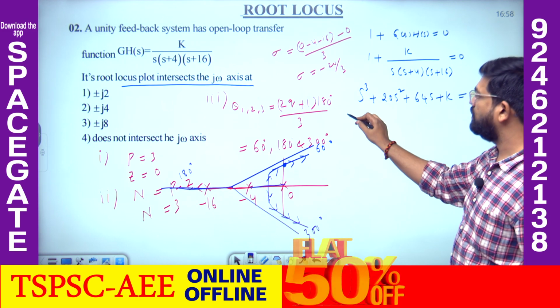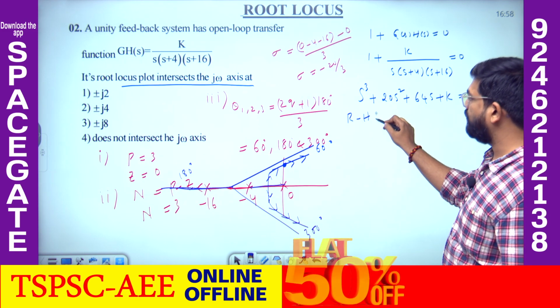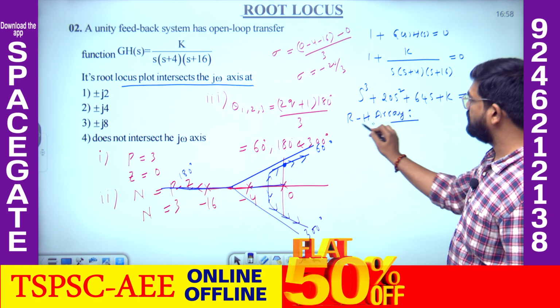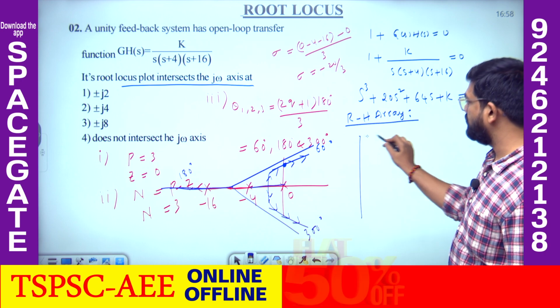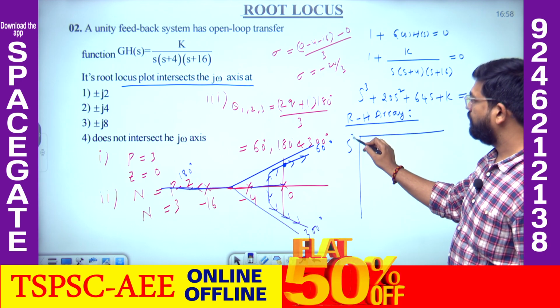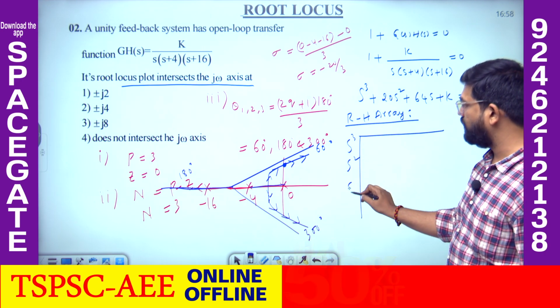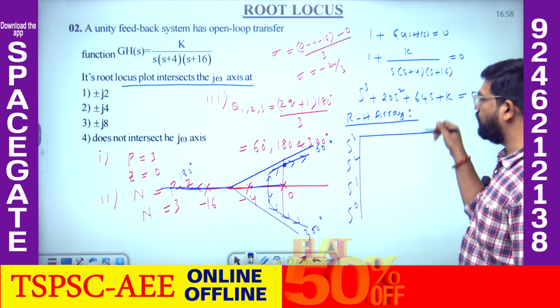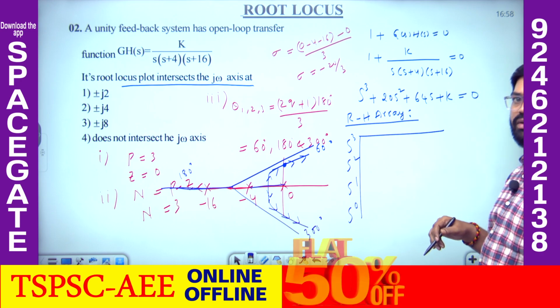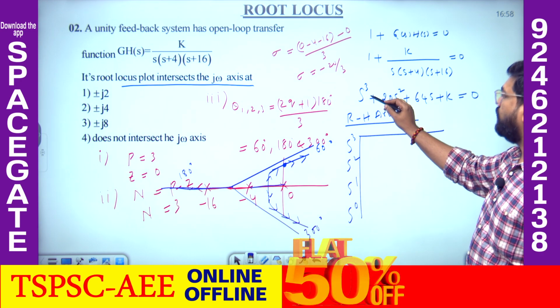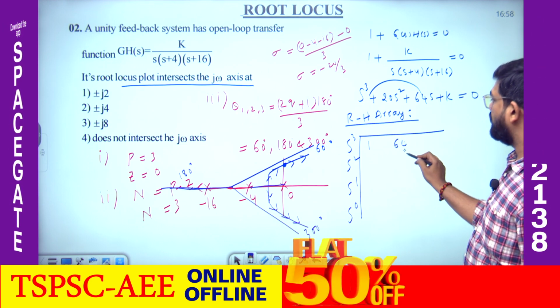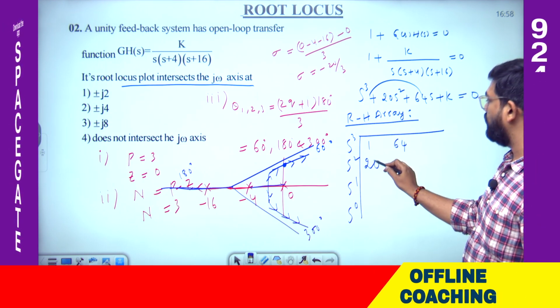If you follow the RH array, we can find this intersection point with the imaginary axis from the RH array. If you frame this RH array, s cube, s square, s power 1, s power 0. We fill the RH array by selecting the alternate elements, right or not? First row means 1 and 64 we will get. Second row will be 20 and k.